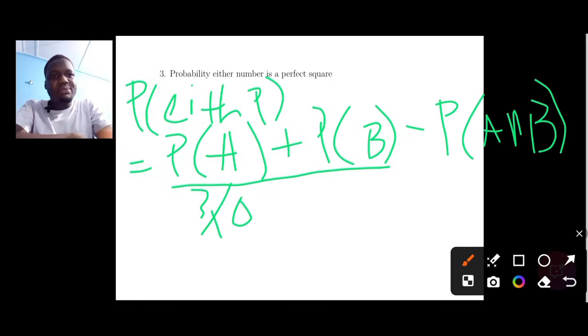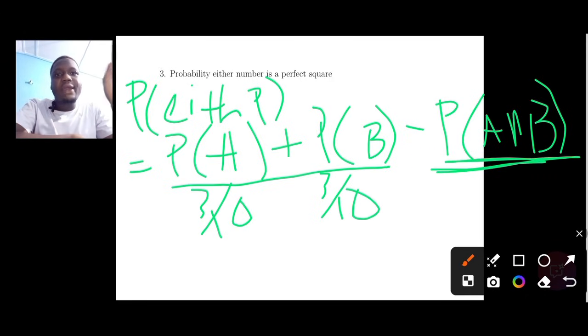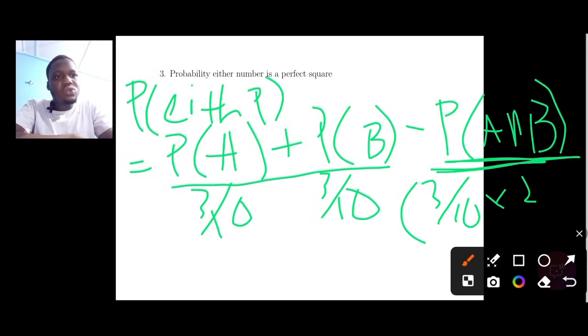We start afresh with PB, also a perfect square. Now when we get to the intersection, that's where the decrease of sample space comes in. So for the PA intersection B, we have 3 over 10 times 2 over 9.